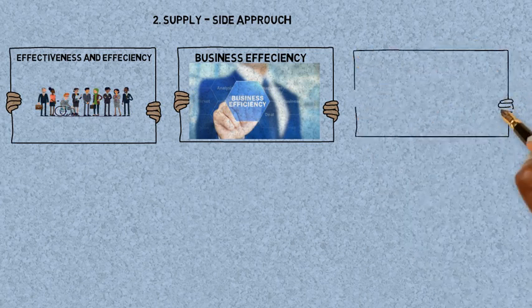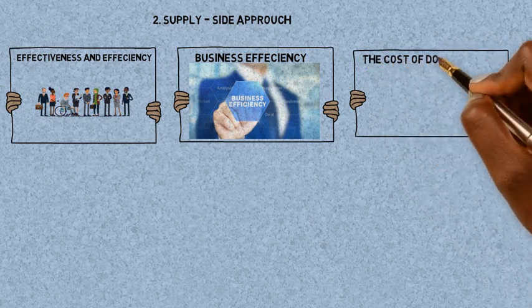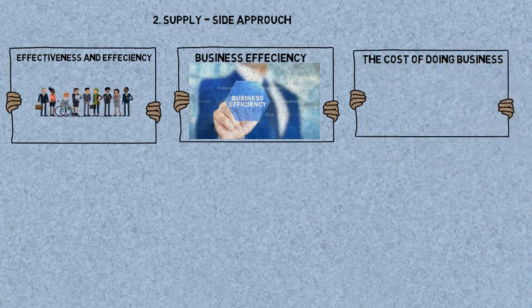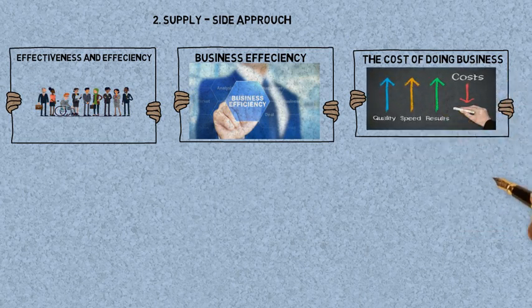The last requirement in your supply side approach is going to be the cost of doing business. So this means that government must try to lower the cost of doing business, especially transportation, communication, and energy costs must decrease in order for us to have a competitive advantage globally.